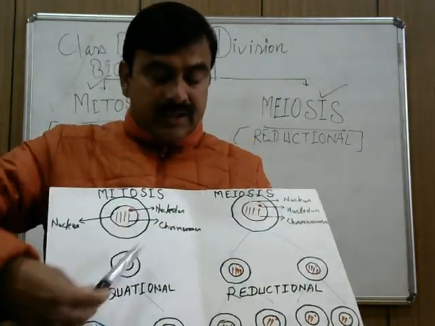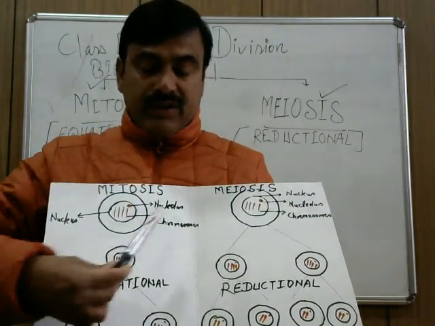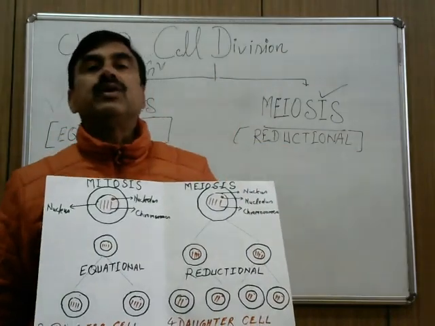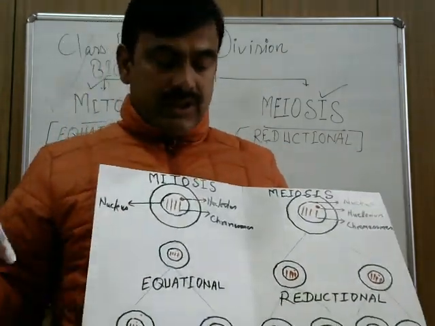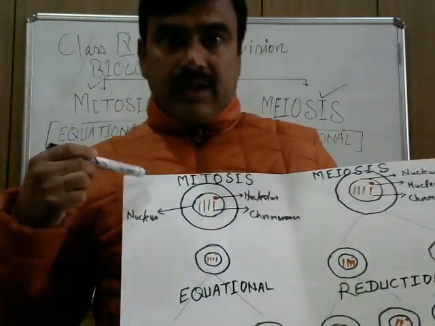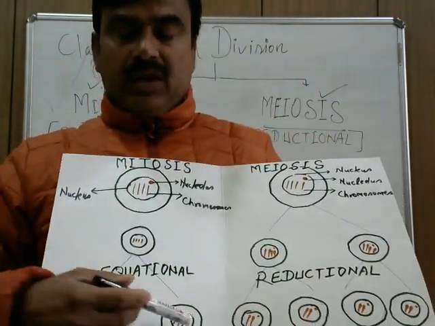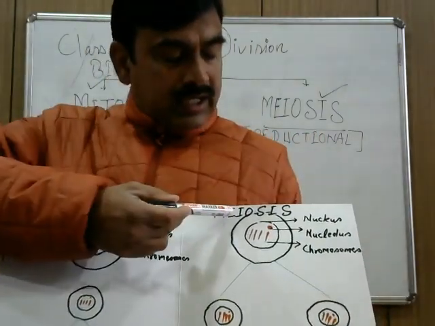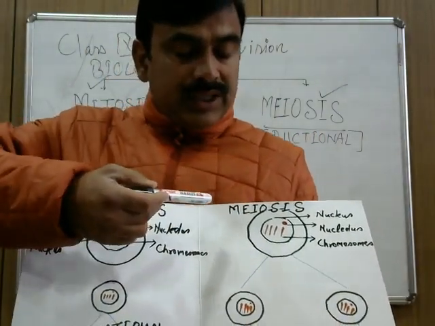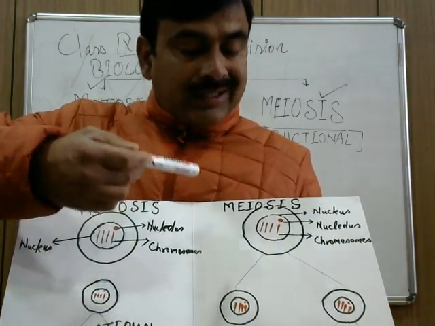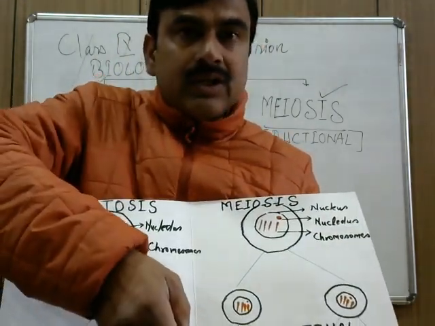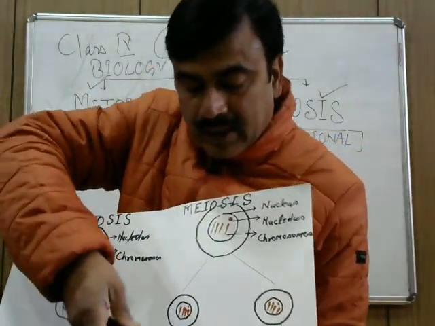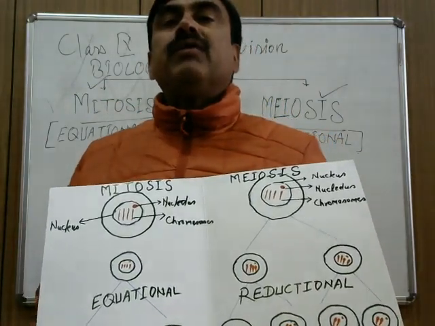As far as the comparison and the importance are concerned, very first compare mitosis and meiosis. Mitosis gives 2 daughter cells after cell division, and in meiotic cell division, meiosis, there are 4 daughter cells. So in mitosis there are 2 daughter cells, and in meiosis 4 daughter cells.